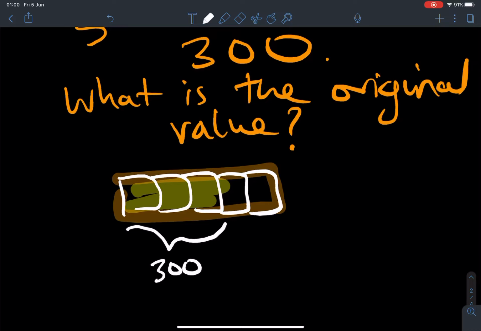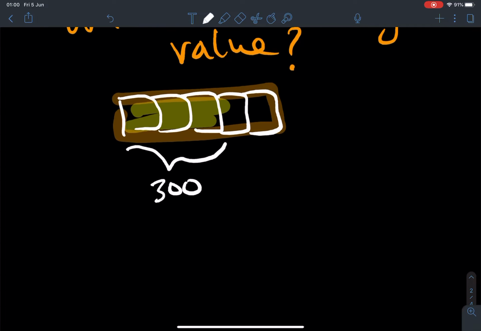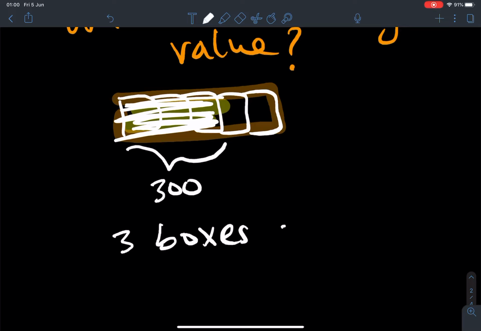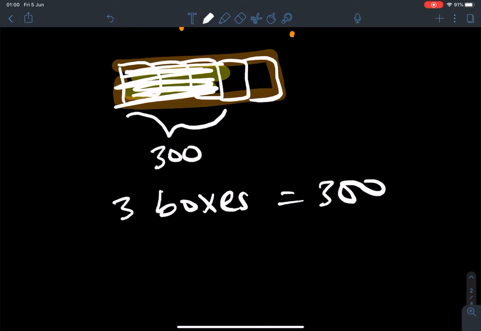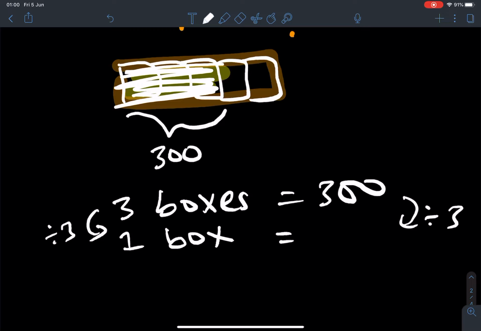Now how would I do that? What some of you may have realized is if 3 boxes is 300, and I work out what 1 box is, I can easily work out what 5 boxes is. So 1 box must be equal to, if I divide by 3, 100.